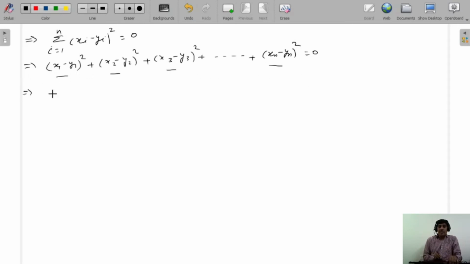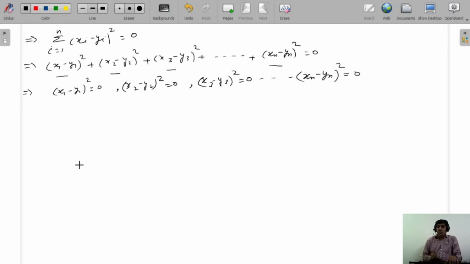So this implies (x1 − y1)² = 0, (x2 − y2)² = 0, (x3 − y3)² = 0, and so on, (xn − yn)² = 0.